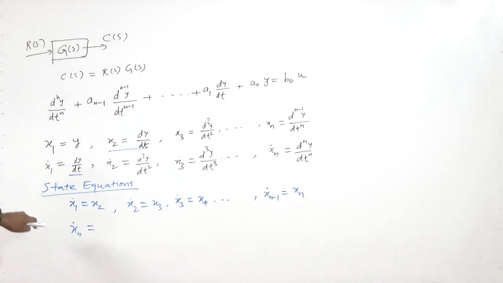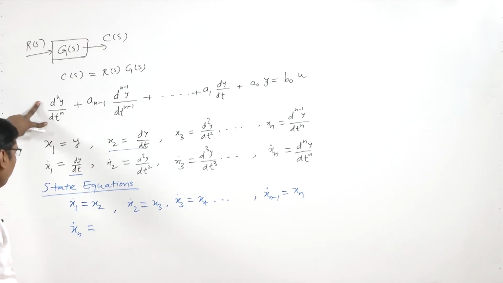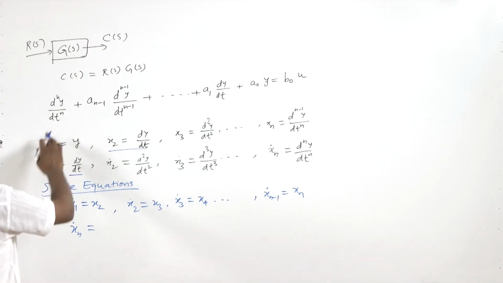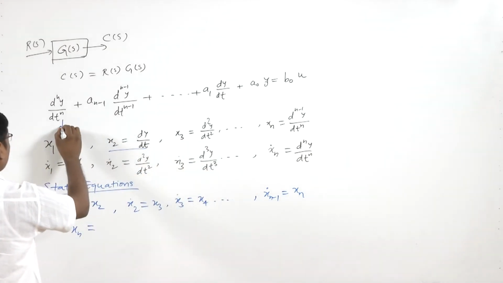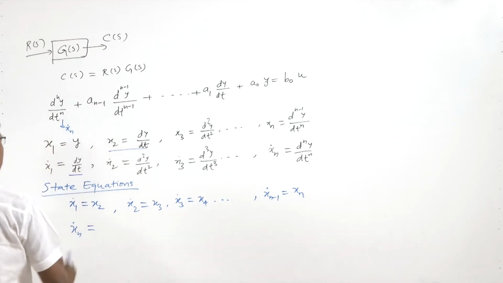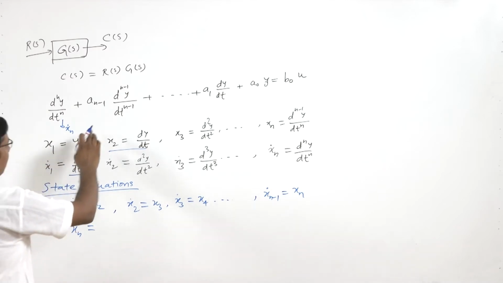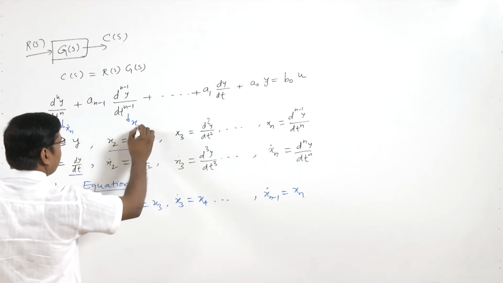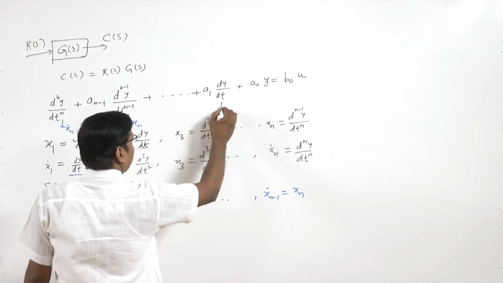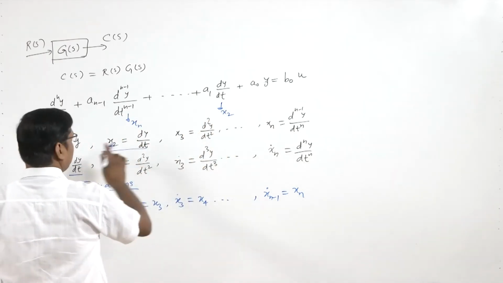Now xn dot will come from the differential equation, because d^n y by dt^n is xn dot. d^(n-1) y by dt^(n-1) is xn, dy by dt is x2, and this is x1.